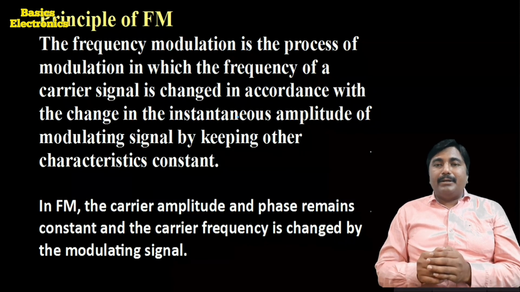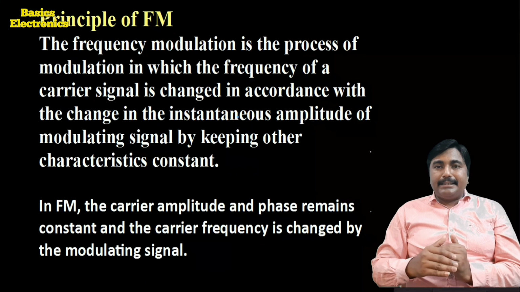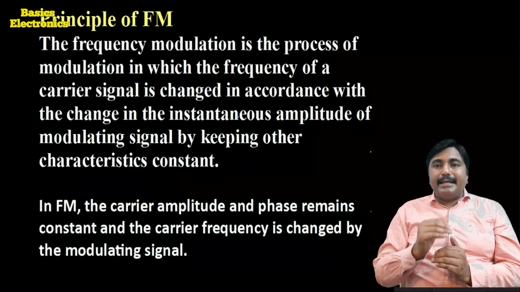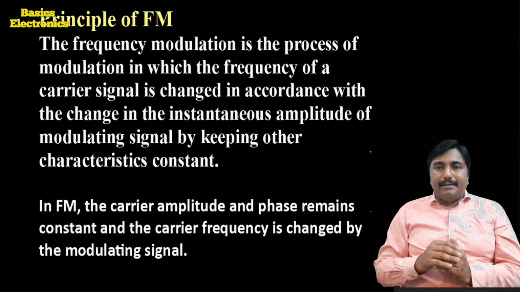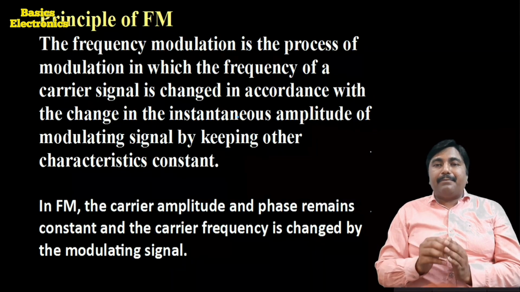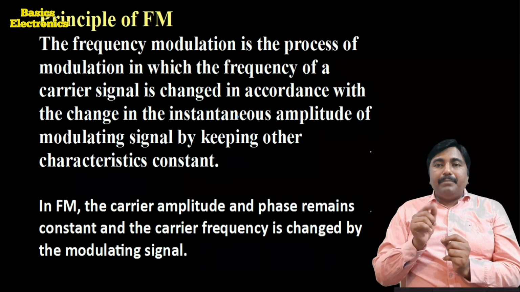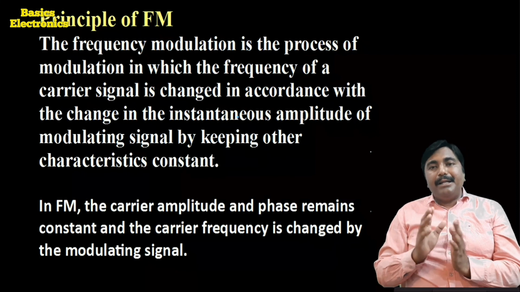In frequency modulation, the carrier frequency changes to the maximum frequency when there is the maximum change in the modulating signal. If there is a negative peak value of the modulating signal, at that time the FM signal attains the minimum frequency.